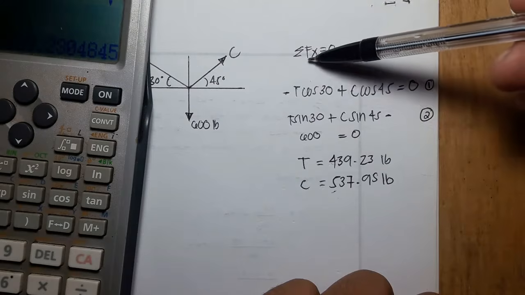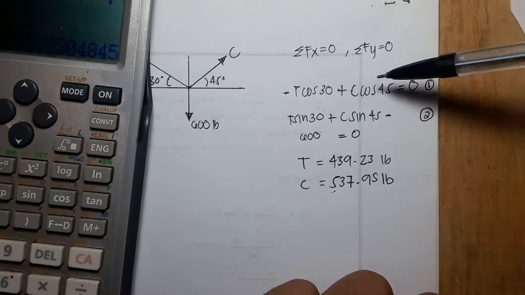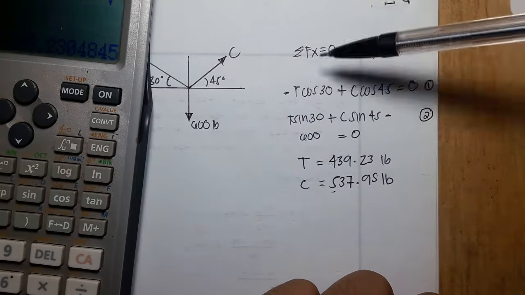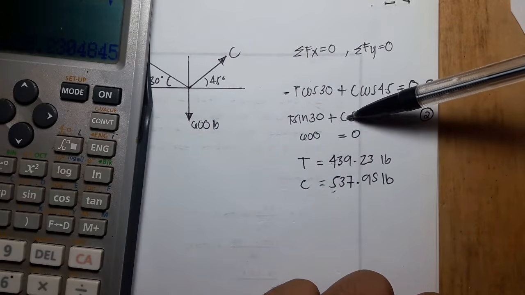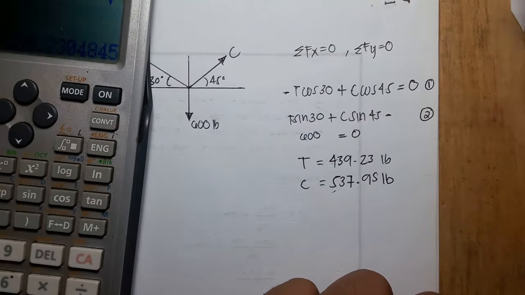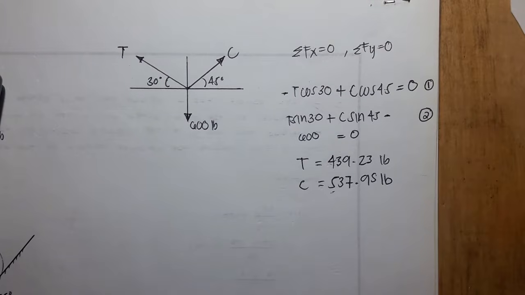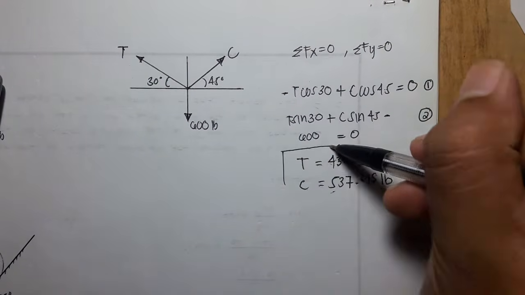Summation of forces x, T cosine 30 plus C cosine of 45, then summation of forces y is T sine 30 plus C sine 45. It should always be in their proper places. So this is now the answer.